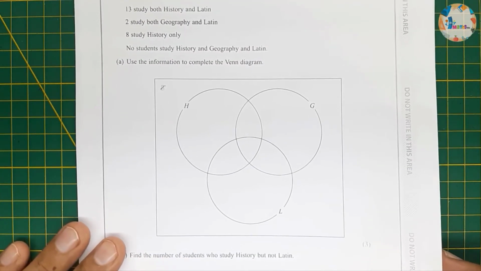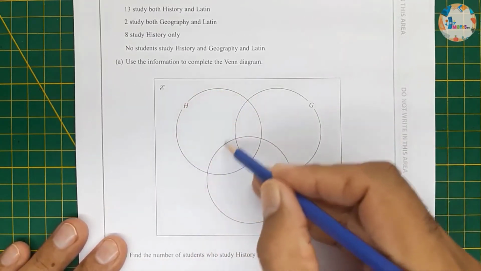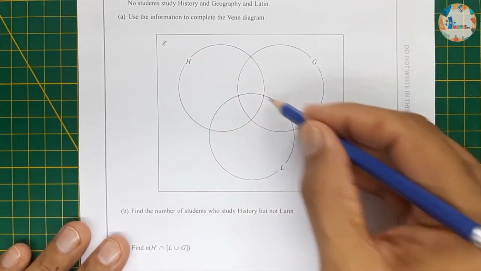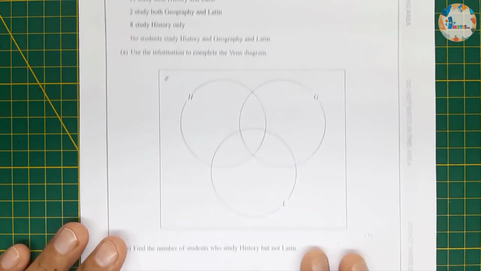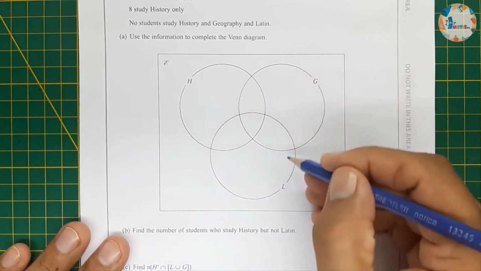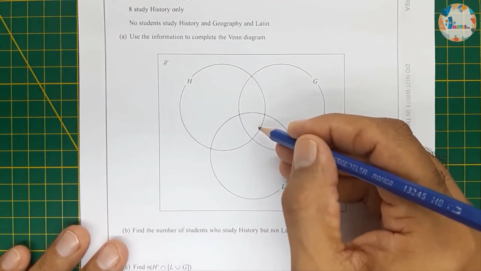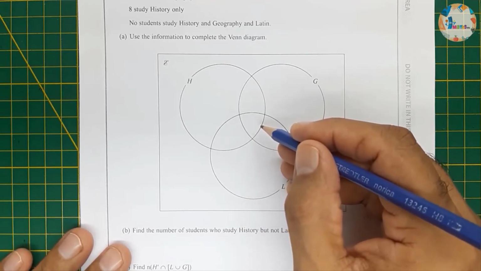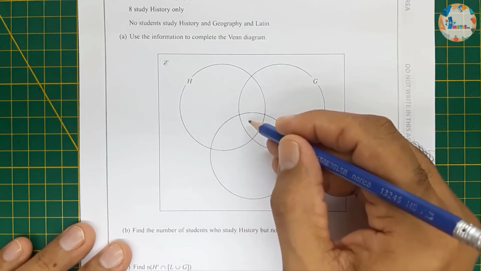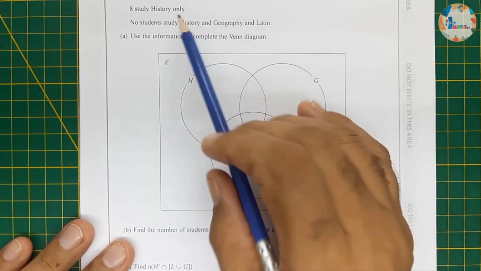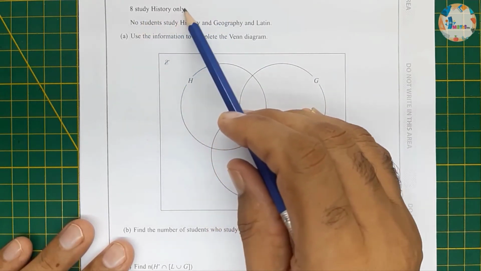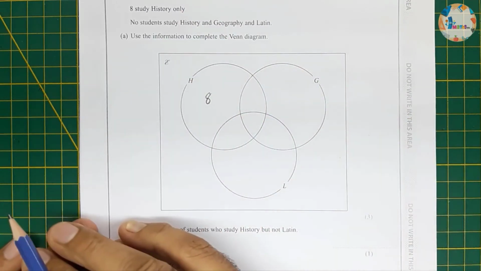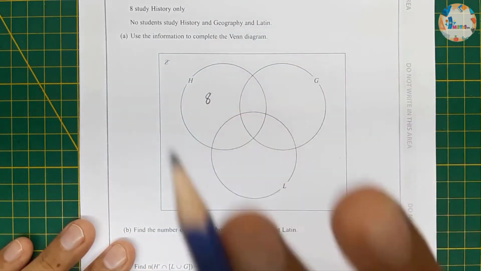So in this portion, this is history, so 27 is there in this, and geography is this one and Latin is this one. 25 study geography and 18 study Latin. 13 study both history and Latin. 2 study both geography and Latin. 8 study history only. So 8 is over here. This has no overlapping, so we will directly write 8.